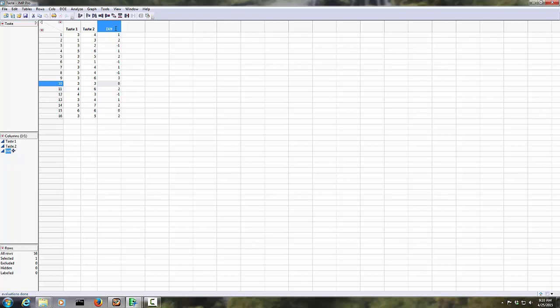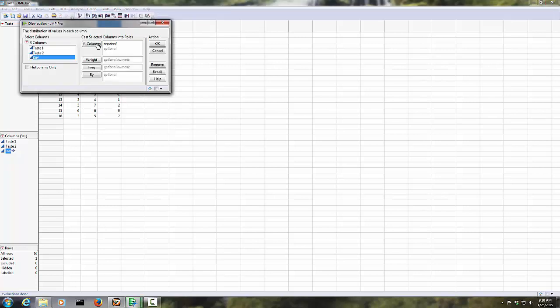So again, the absolutely critical thing here is that this differencing operation makes sense, and it does here because we've got 2 observations on each person, and that difference value reveals the preference of each individual for the 2 teas. So let's now go ahead and analyze that column of differences.